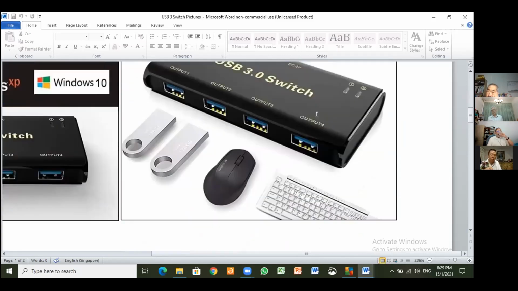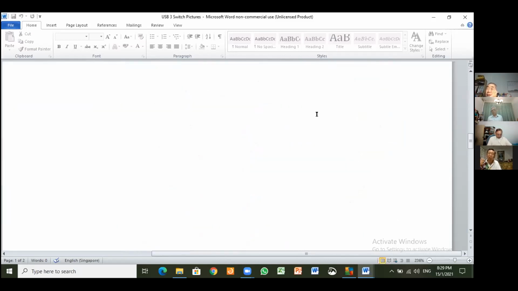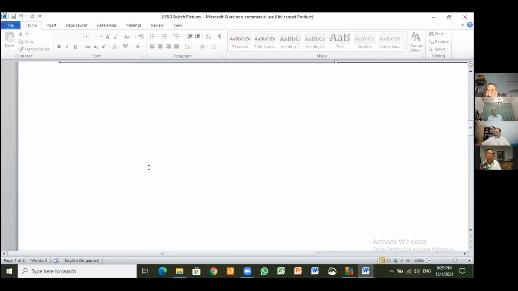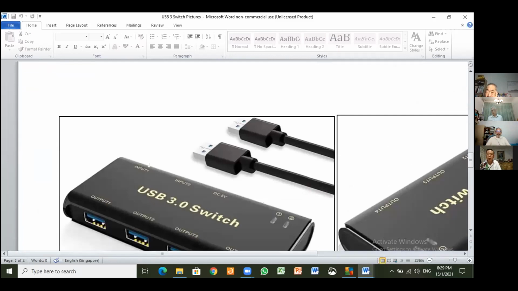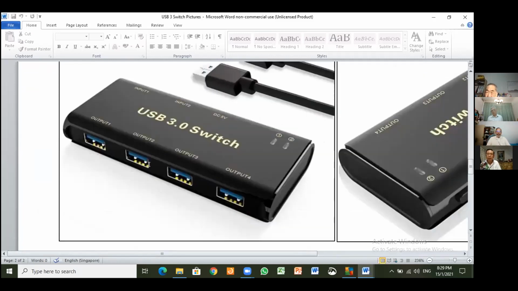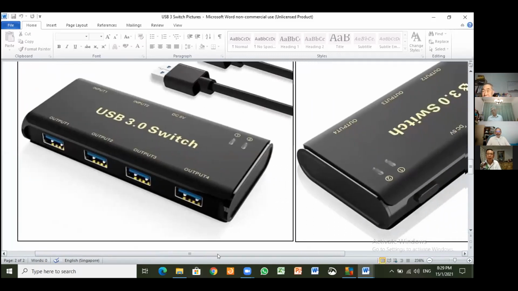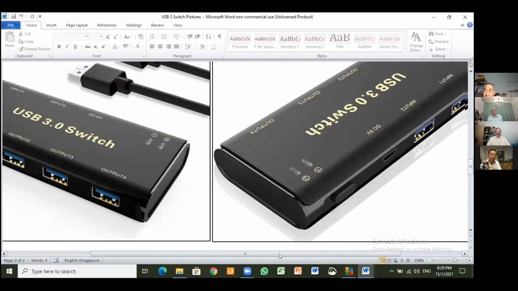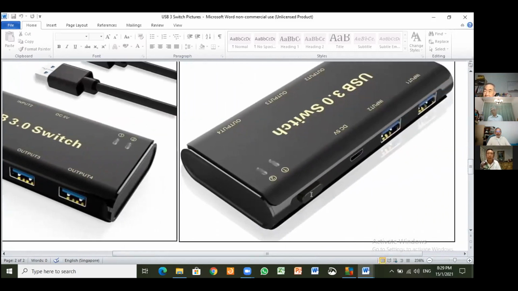Let's see if there's anything more. Okay, it's nothing much. I took this from the device catalog. You notice there's a switch here. Just press, you switch from one to two, press toggle one more time, you go from two back to one.